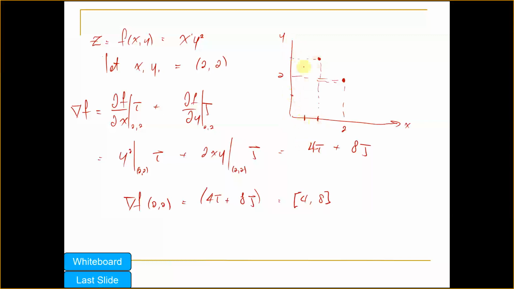If x was a half, what would y have to be for z to be 8? 4. Alright, so 2, 4 is about there. So at a half, it will be about there.